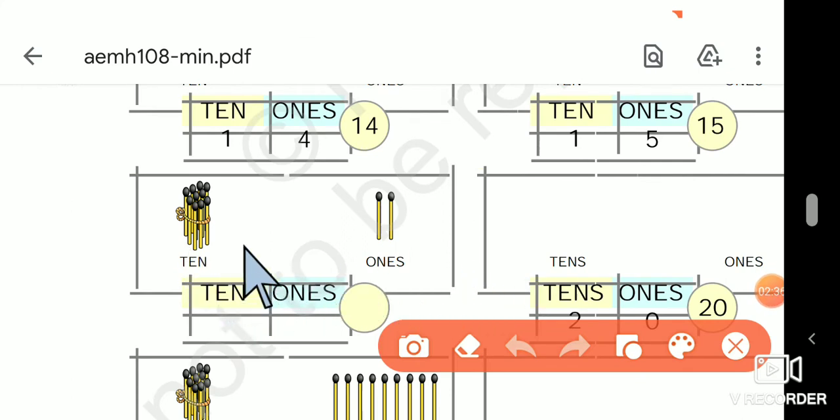Next, here we have to write bundles of 10 in tens and loose ones. 1 ten, and how many loose matchsticks? Let's count 1 2, so 2 ones. Write the 2 ones.